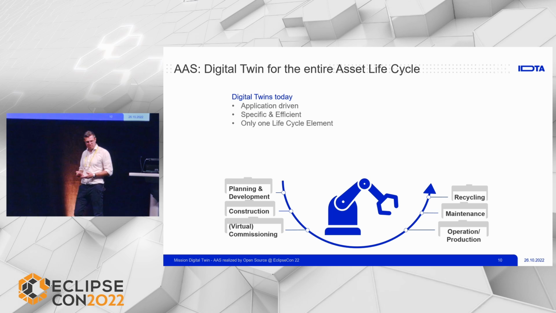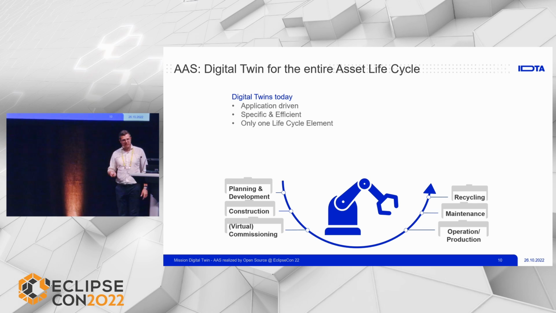These are tools, for example, for product life cycle management, the CAD tools. For the construction, we have digital twins. For the virtual commissioning, we have digital twins with standards like AutomationML, for example. In the operational phase, we have digital twins, for example, for the controllers and the live data. So for every phase, digital twins already exist today.